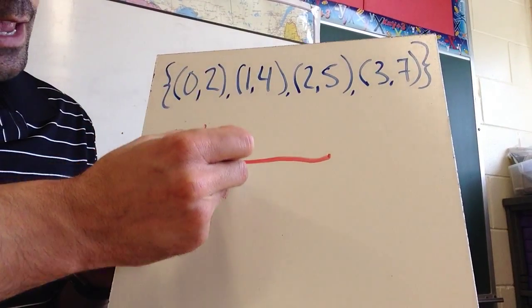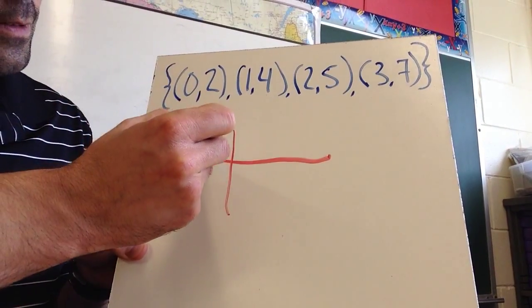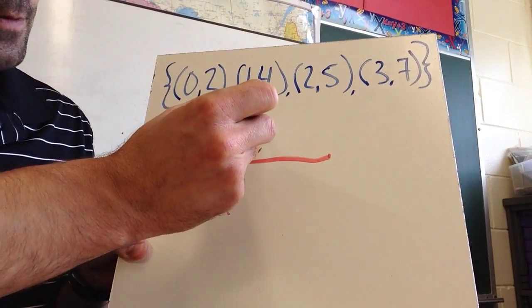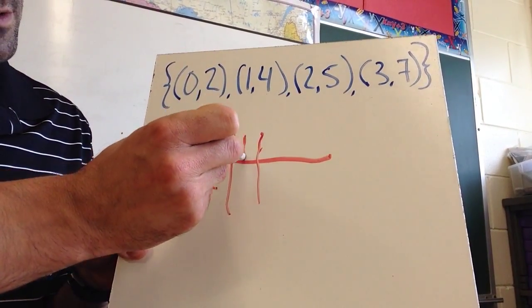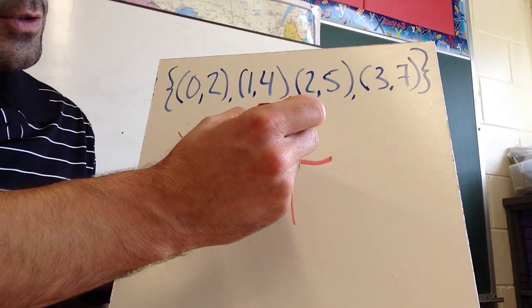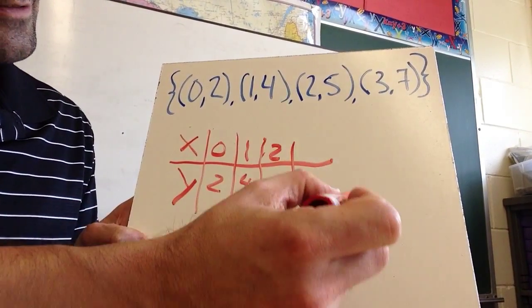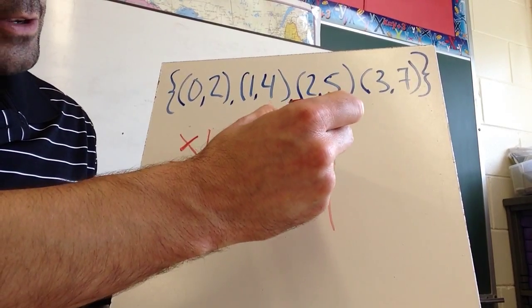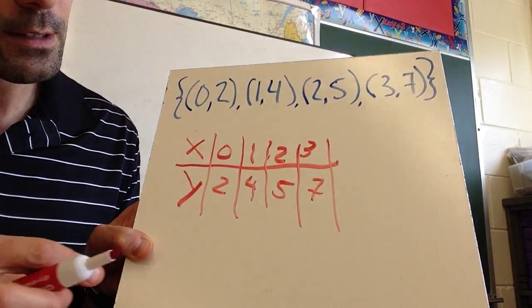All I would do is take the x value, which is 0, and the y value, which is 2. The x value, which is 1, and the y value, which is 4. The x value is 2, the y value is 5, and then the x value is 3, and the y value is 7.